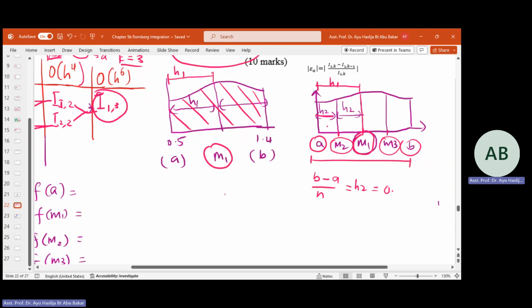Okay, now we want to find h2. h2 has 4 segments. (1.4 minus 0.5) divided by 4.